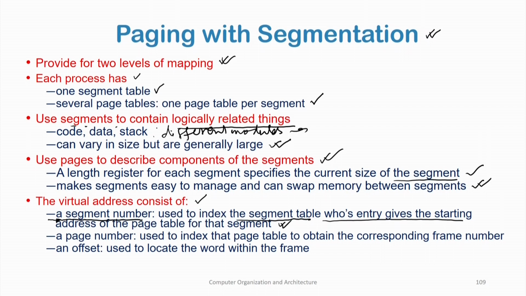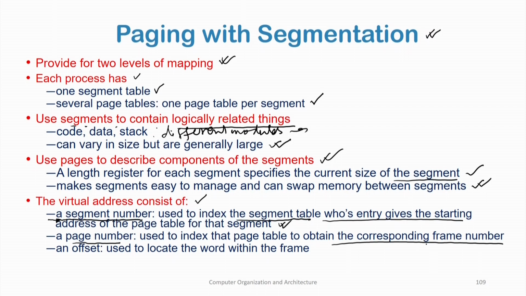So, a segment number will point to the starting address of the page table corresponding to that segment. Then a page number: in that page table I will index using the page number. So, I get into a segment, I go to the start of the page table corresponding to that segment, then I use the page number part of the virtual address to index into the page table to obtain the corresponding frame number.